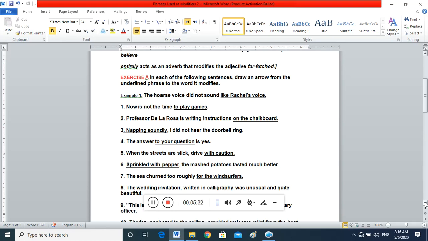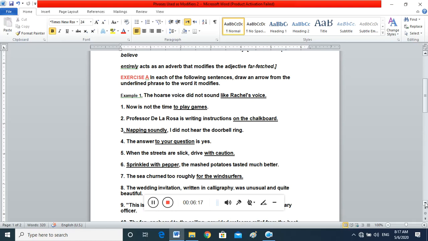It describes the word answer. Draw the arrow from to your question to the word answer. It's an adjective. When the streets are slick, drive with caution. With caution is another prepositional phrase, but this time it modifies the word drive, which is a verb. So draw the arrow from with caution to the verb drive and write the abbreviation of adverb, ADV, or the word.